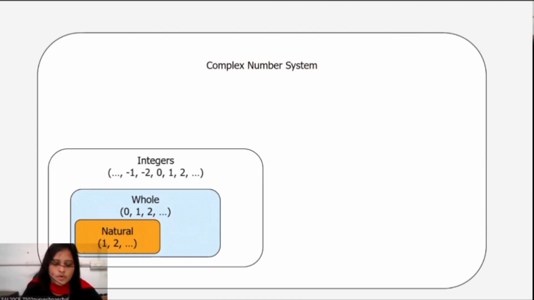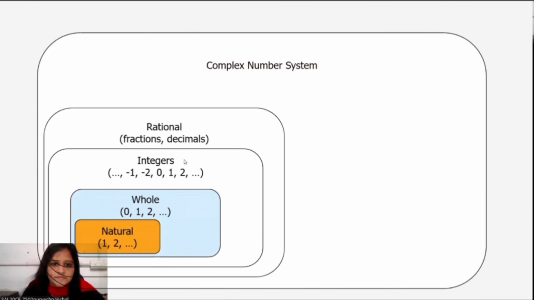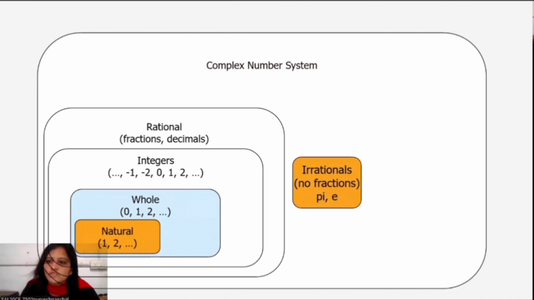Then 0, positive and all negative integers are there in the set of integers. And then rational numbers. We know that all fractions and decimals are rational numbers. So rational numbers are numbers which we can represent in the form of p upon q, where p and q are integers and q is not equal to 0.